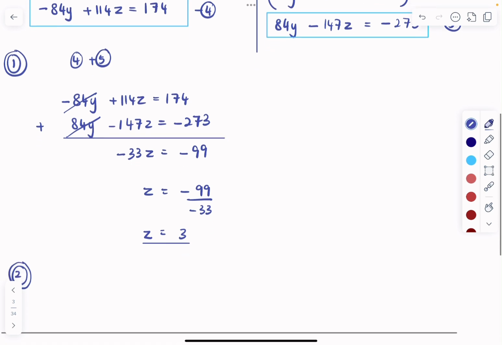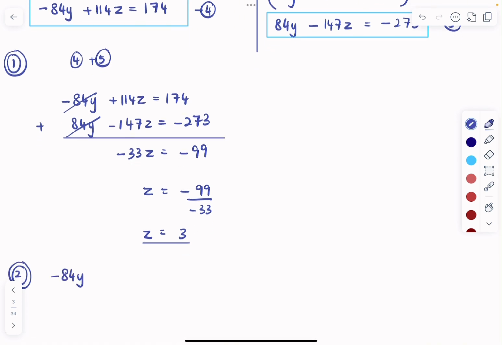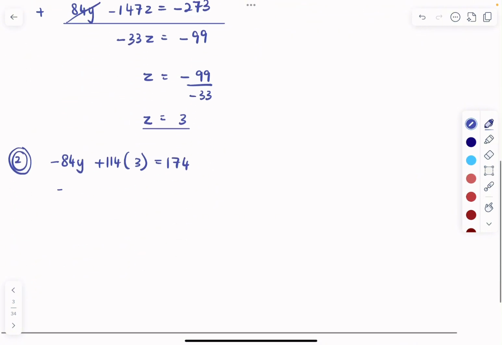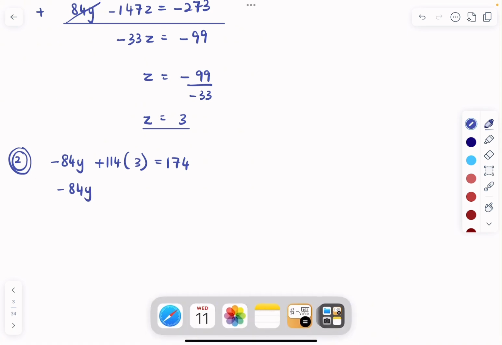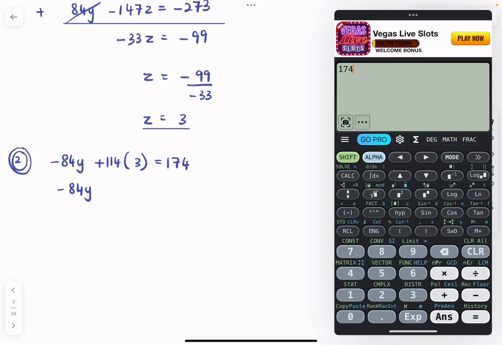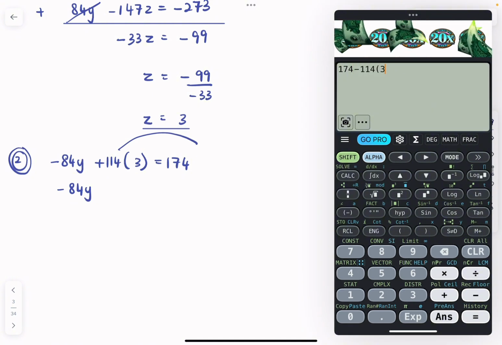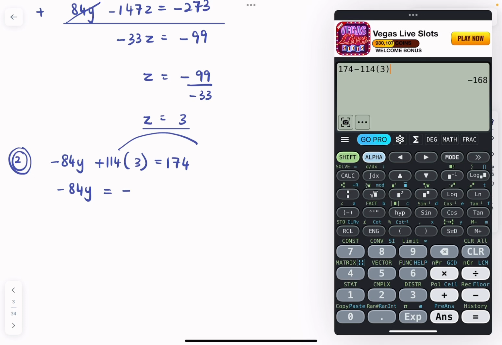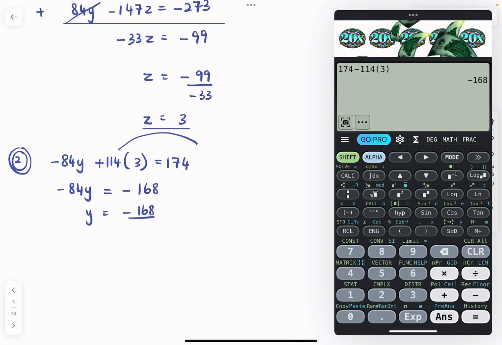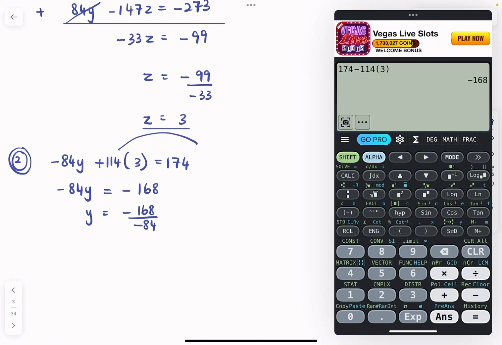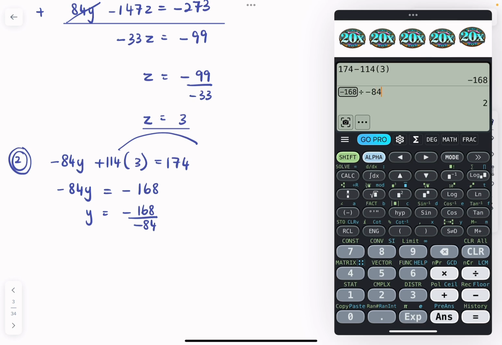So negative 84y plus 114z equals 174. So from here, 174, this one we bring there will become minus 114 times 3. It's negative 168. So y will be negative 168 over negative 84. We get 2.